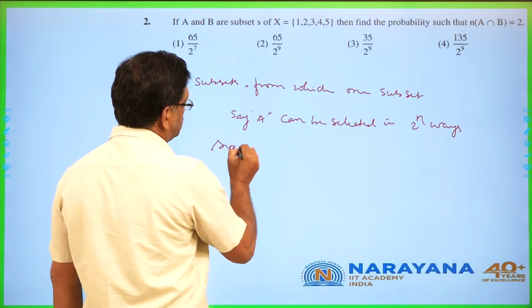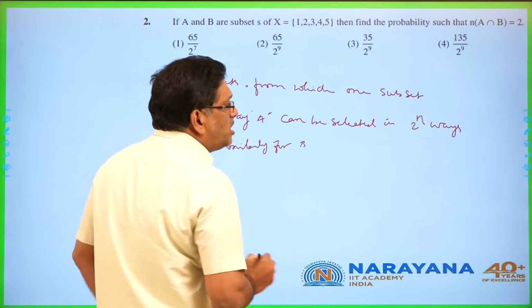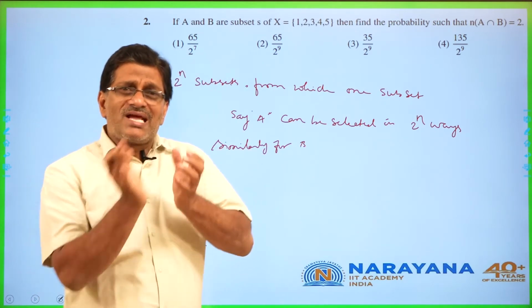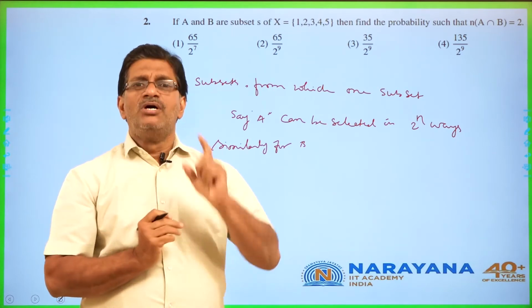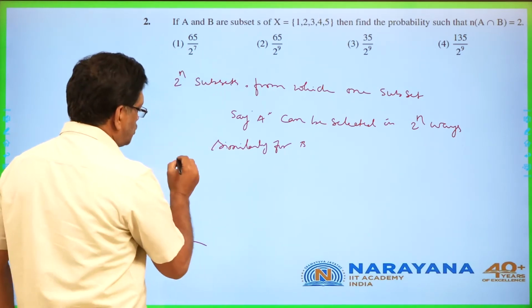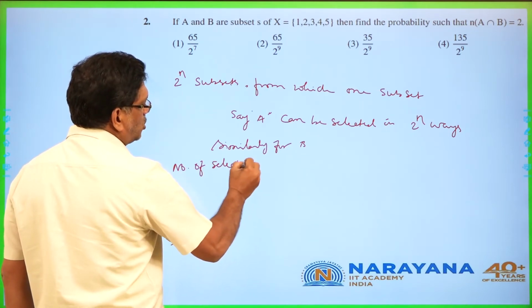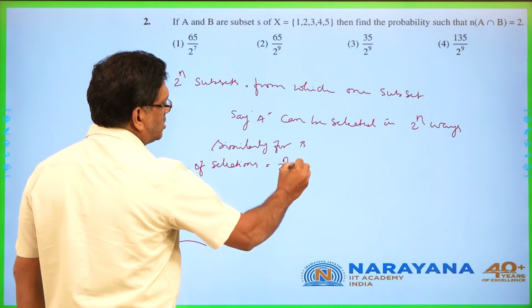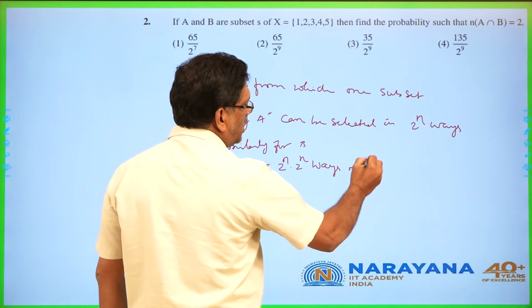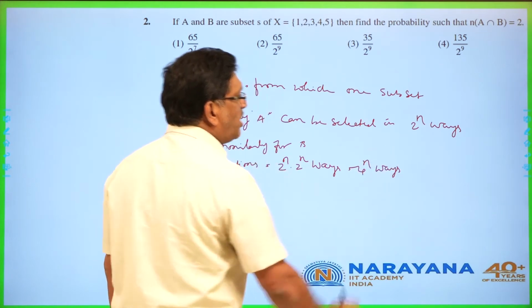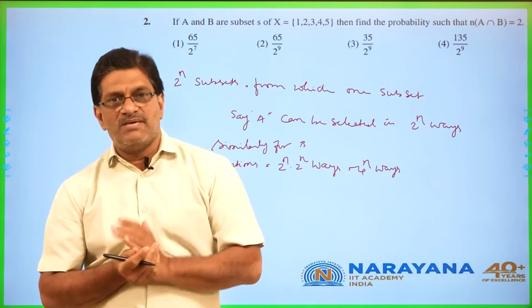Similarly for B, after restoring the elements, again 2 power n subsets will be available, and you can select one more in that. So the total number of selections is 2 power n into 2 power n ways, that is 4 power n ways. This is the number of ways of selecting A and B.